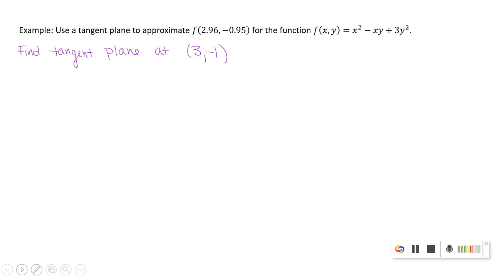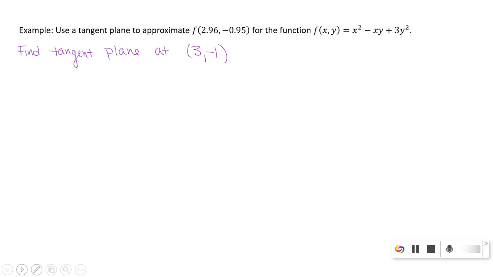So the first thing I'm going to do is come up with a tangent plane at the point 3, -1. So you want to choose a point of tangency that is close to the numbers you're trying to approximate. So 2.96 is really close to 3. -0.95 is really close to -1.